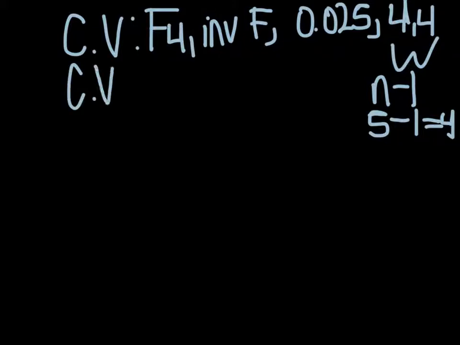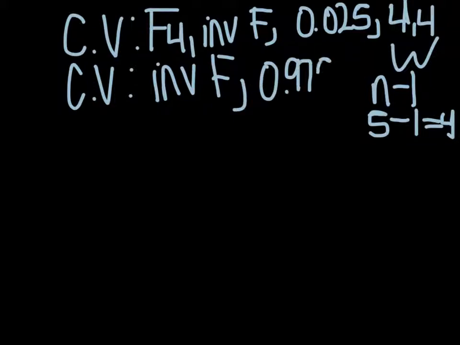And then you do that again for the second critical value, inverse F, but this time you enter 0.975 because that is the area left over.